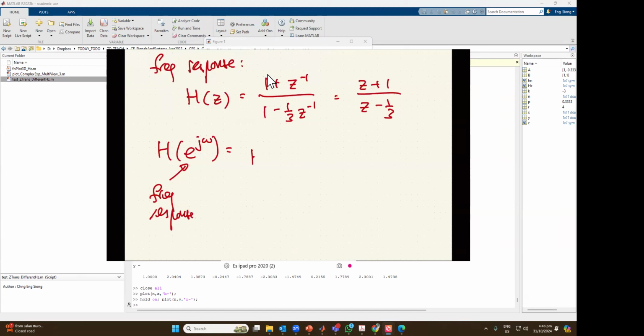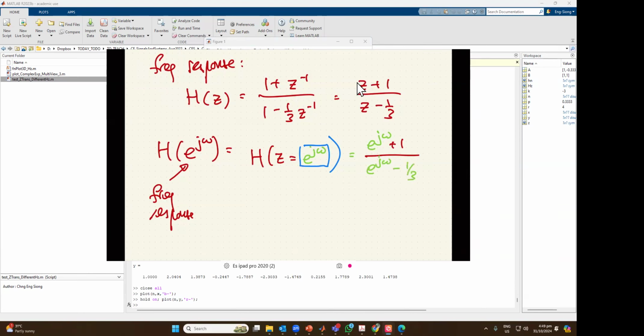Is equals to H of z equals to what, guys? This is the thing that you have to memorize. What would I put in this little box here? e to the j omega. Very good. So therefore, now all my z becomes e to the j omega, plus 1 divided by e to the j omega minus 1 third.